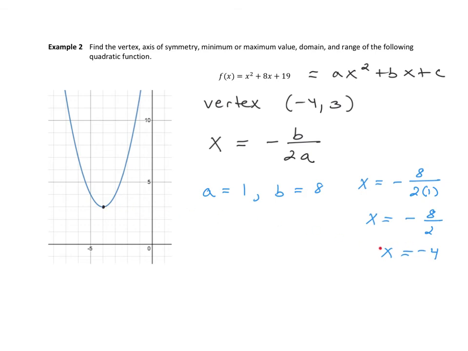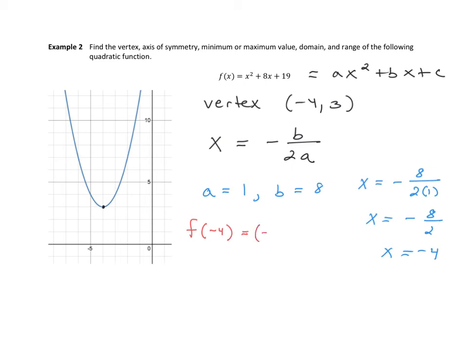If you want to find the corresponding y value, which I know is 3, you can take this number and put it into your function to solve for the corresponding y value. So let's just check that. If I put negative 4 into the function, the number we get back should be the y value here, which is positive 3. Let's see.